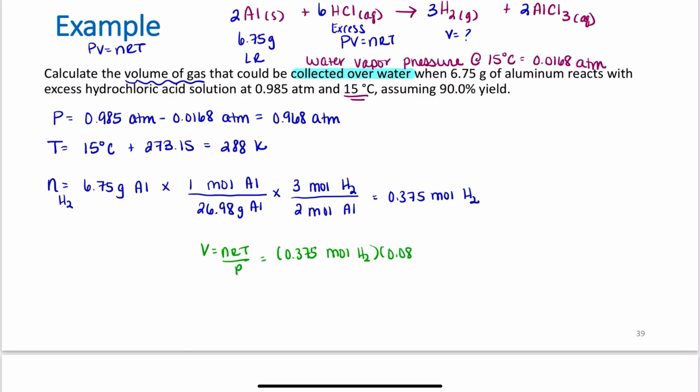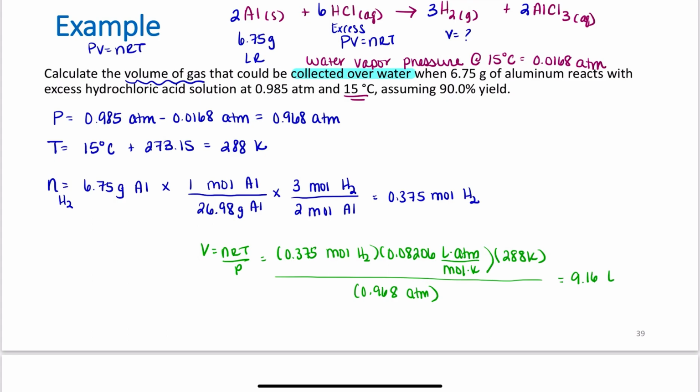My gas constant is 0.08206 liter atmosphere per mole K. My temperature is 288 K. And my pressure is 0.968 atmospheres. My volume calculated out here is 9.16 liters, but this is my theoretical yield.